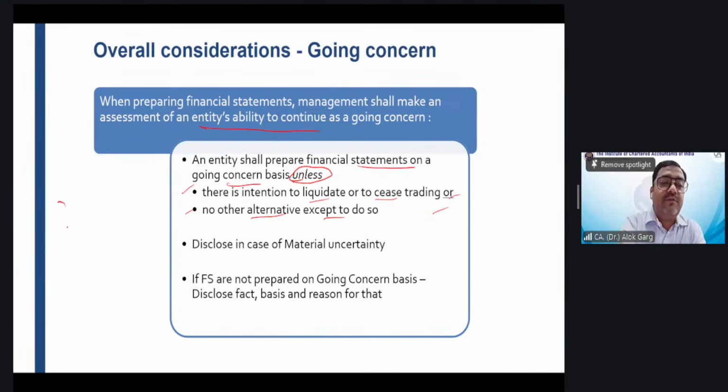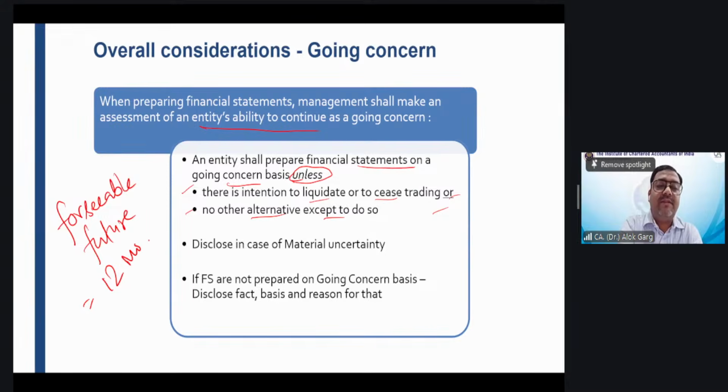What is meant by foreseeable future? Foreseeable future means 12 months. Please write down: 12 months from the reporting date. So the management has to evaluate from 31st March whether this company will be able to continue its business in the next 12 months, till the next 31st March.